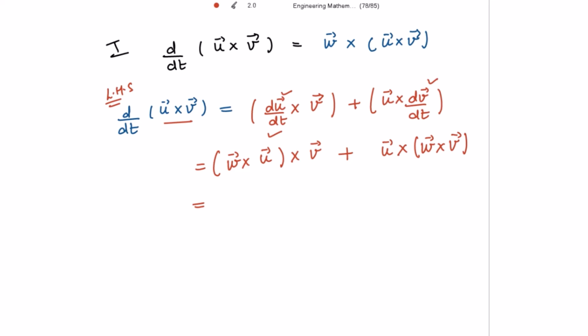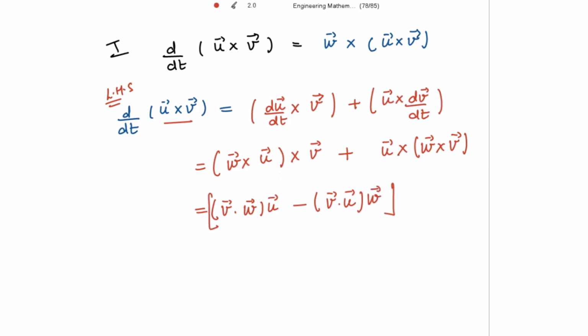Now applying the remark on these three. First take the dot product of v with w vector. So it is v vector dot product with w vector and multiplied with the remaining one, u, minus, now taking the dot product of v with the second vector and multiplying this with the remaining one, w.